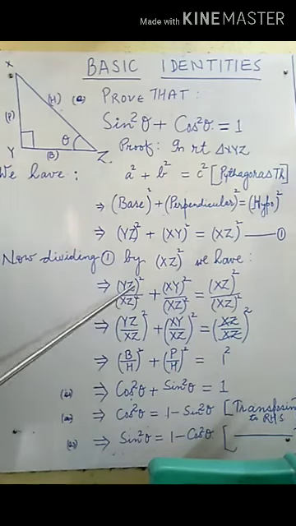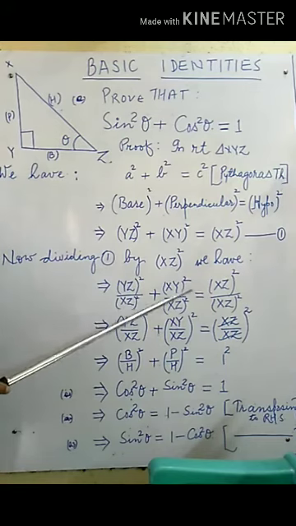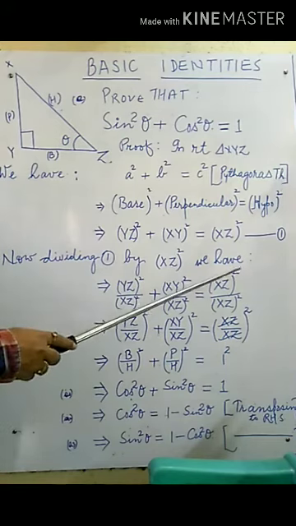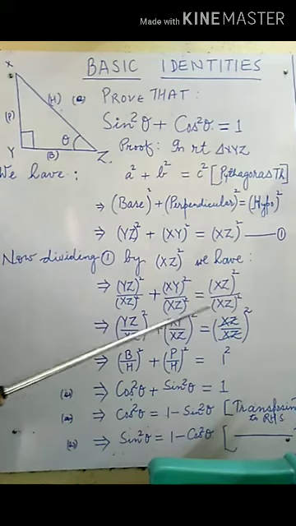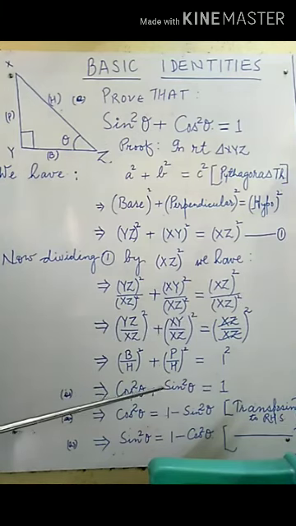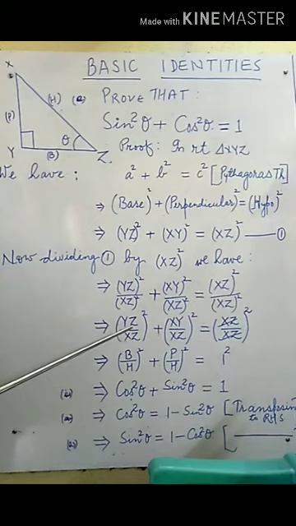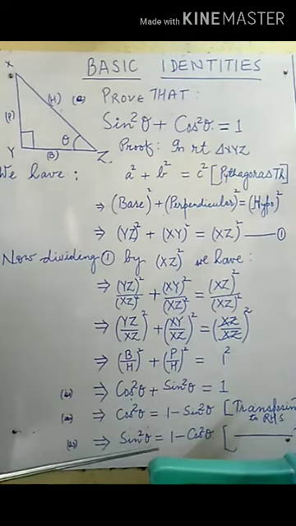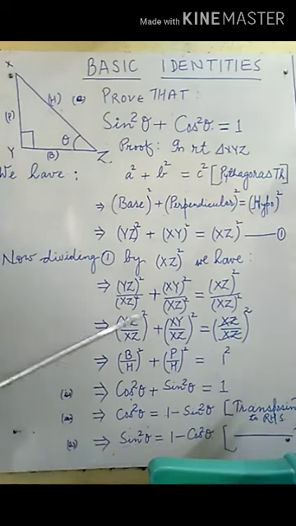In powers, we have studied a law: if p to the power m upon q to the power m is given, that equals p upon q whole to the power m. So this will be written as YZ upon XZ whole square.